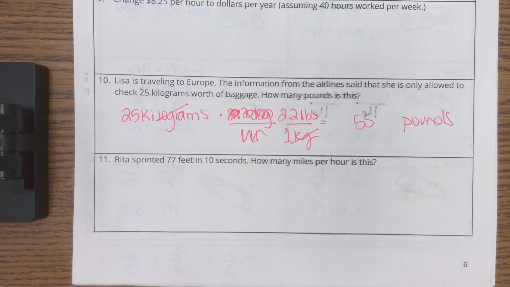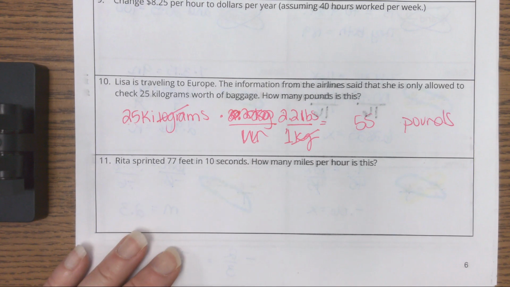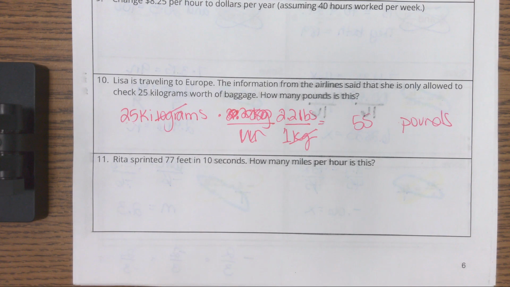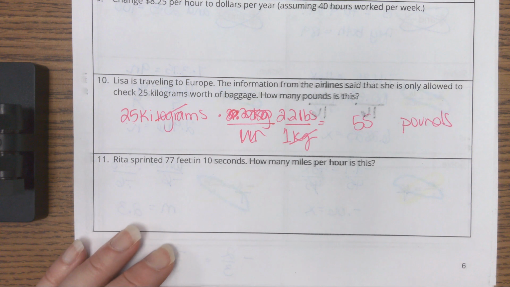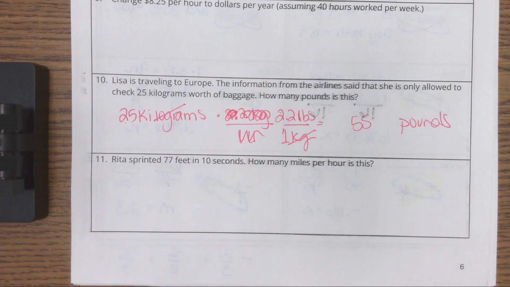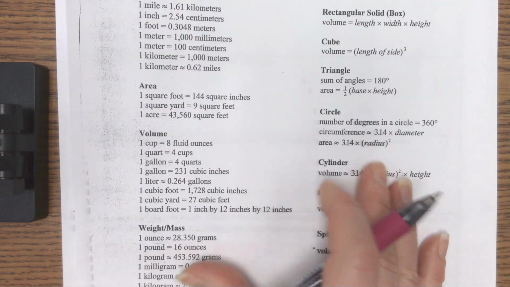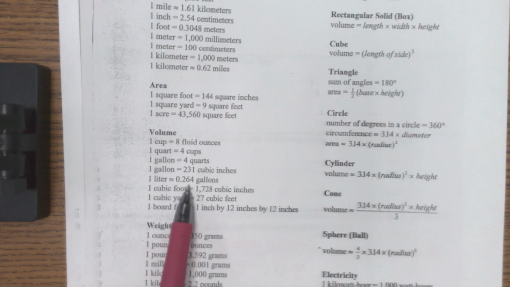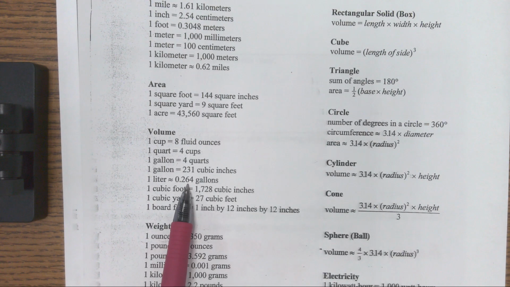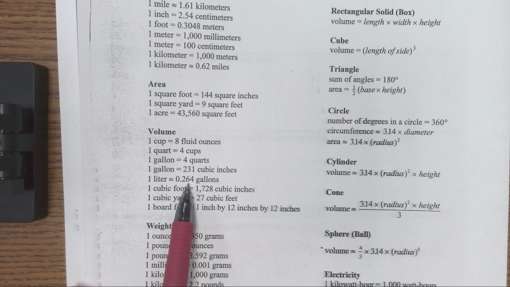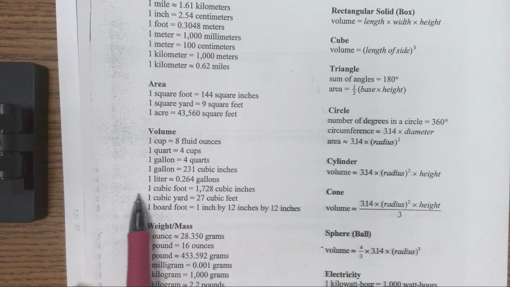All right, so another thing that you might be asked to do is measurements of volume. And so if you're doing measurements of volume, liters and gallons, there's a conversion here for 1 liter is 0.264 gallons. So on your formula sheet or your scavenger hunt, you might be asked to do that as well.